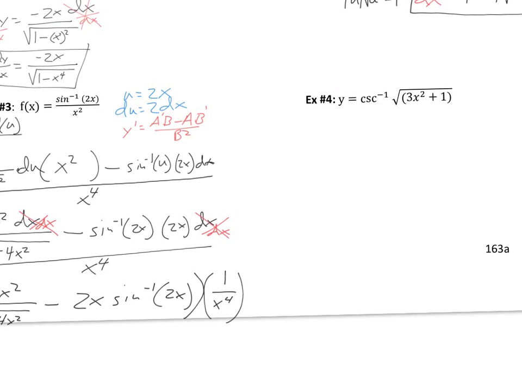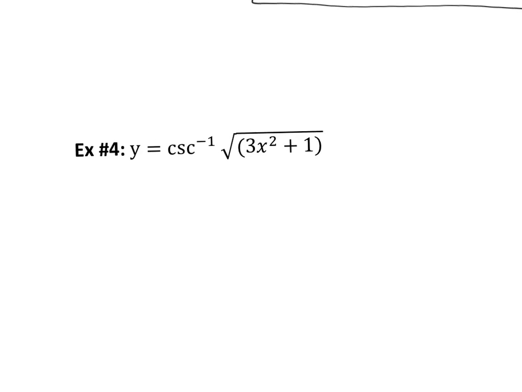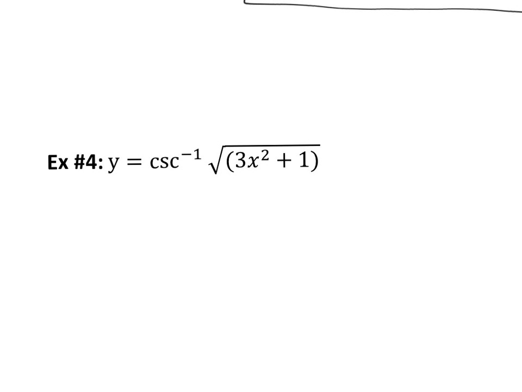Now the next one, I would recommend on this one that you get another piece of paper out because this one took up quite a bit of space for me. So let's get to it. Let's start with identifying all of our u's, because technically what we have here is a double chain rule. I have a function inside of this function inside of this function. So we're going to have a lot of substitution here. So let's start off with u equals 3x squared plus 1, and therefore du equals 6x dx.